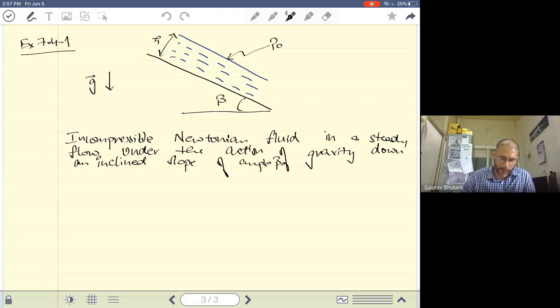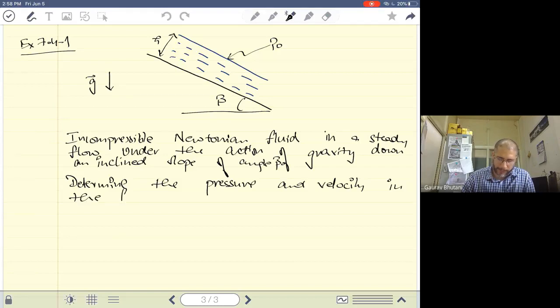Now, what do we have to do? We have to determine the pressure and velocity in the flow. All right.